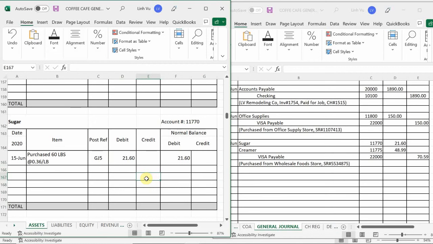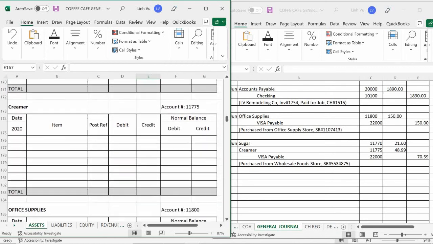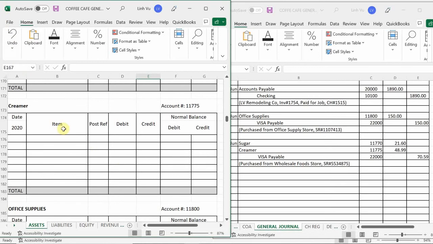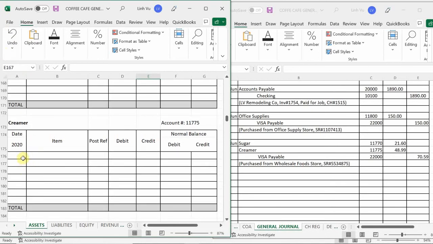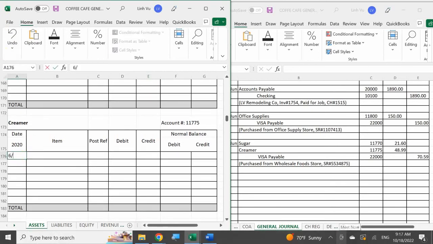And we go to the creamer. You bought 3 of them at a cost of $16.33.